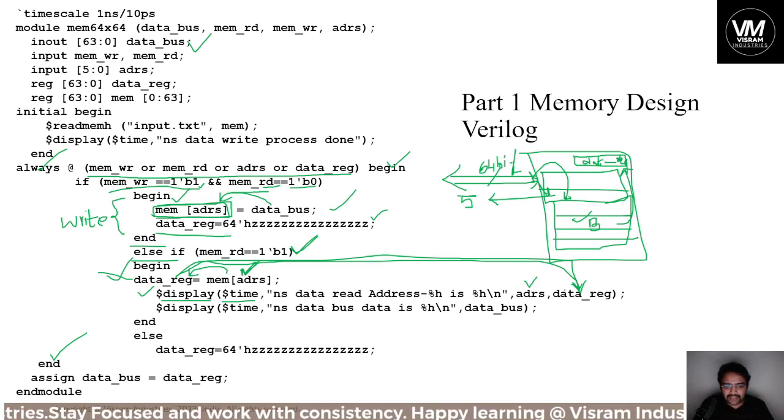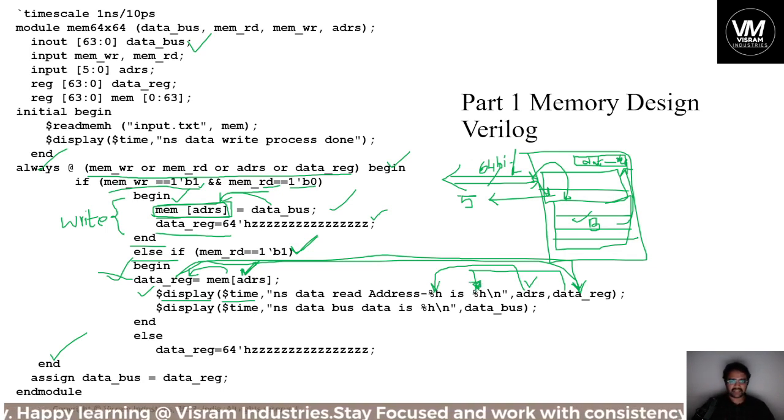Whatever the data register you have written here, that is considered in this location, and whatever the address is there, that is considered by this format specifier, %h, hexadecimal. Okay, %h is nothing but hexadecimal. All these values can be in hexadecimal. You understood this representation, this syntax, right? And display $time.